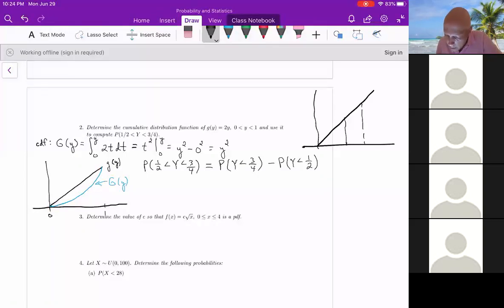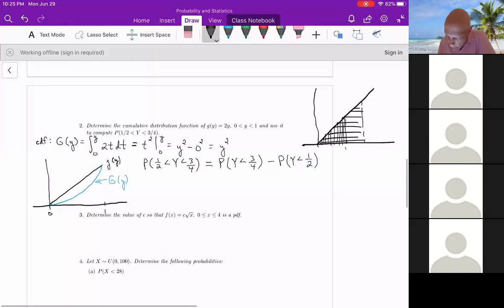The first probability, y less than 3/4, is giving us all of this. The second probability, y less than 1/2, is removing this area. And what's left is going to be that middle piece with only horizontal lines in it, which is exactly the area that we want.